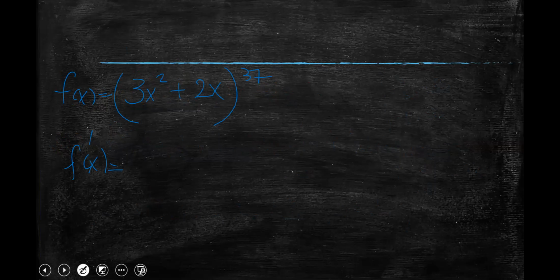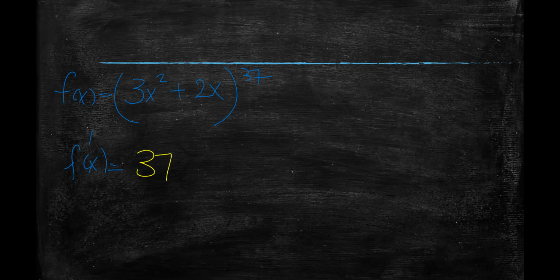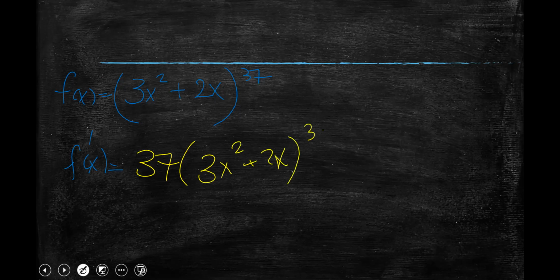Here it's raised to the power 37, so it will be 37 times (3x squared plus 2x), raised to the power 36. Then we differentiate what is inside the brackets, which is 6x plus 2.